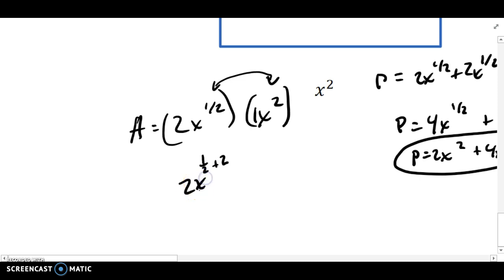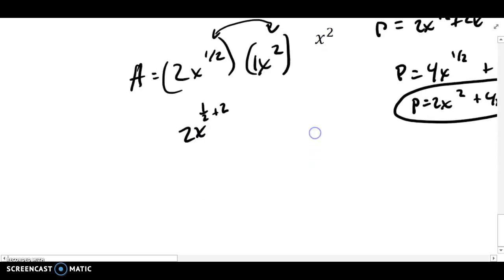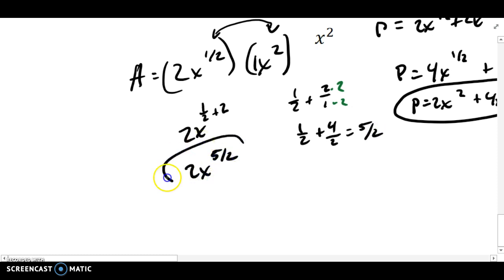Except don't forget the x. The issue with that is that we got to find common denominators. So we need to multiply this one by 2. So we got 1/2 plus 4 halves, which is 5 halves. So we would write it like this, and that's the area.